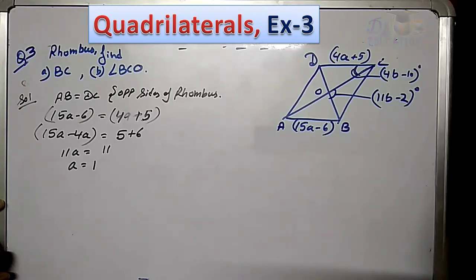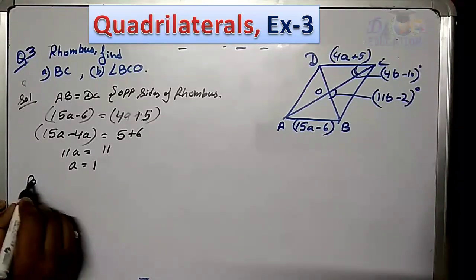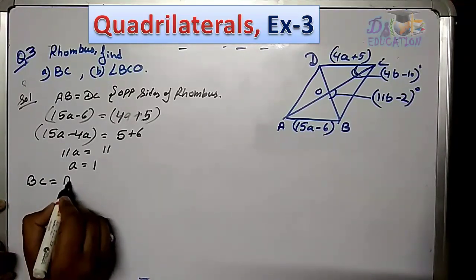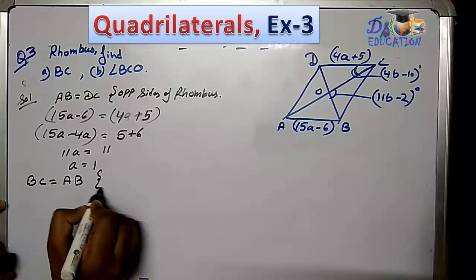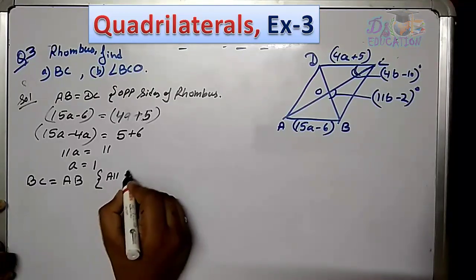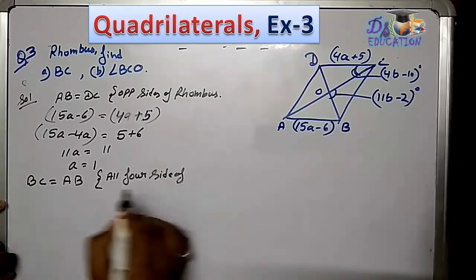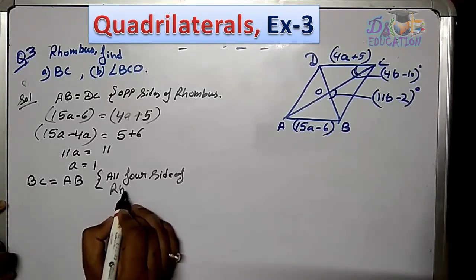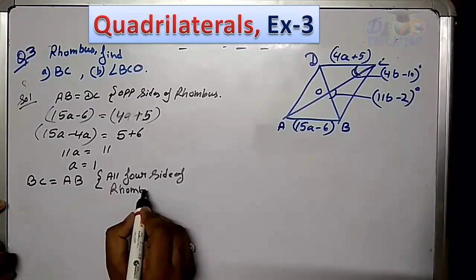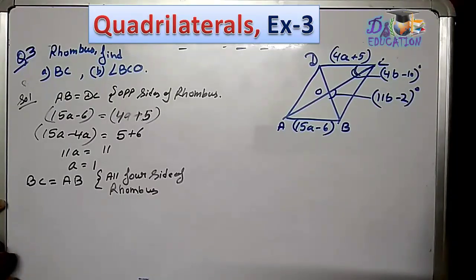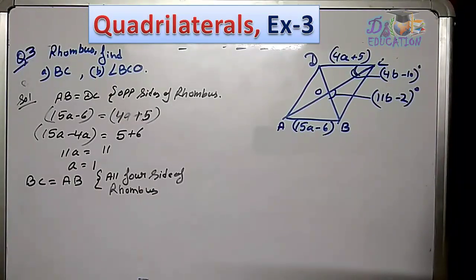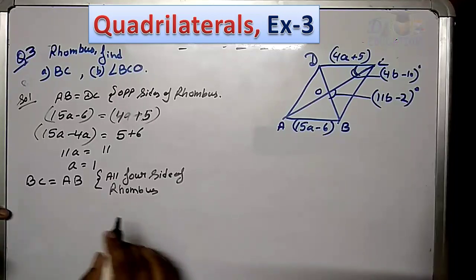Okay. Now if I talk about BC, because it is a rhombus, all the four sides are equal. So we can write BC is equal to AB. Why? All four sides of rhombus are equal. You have studied this in the previous lectures, so please go through the previous videos.